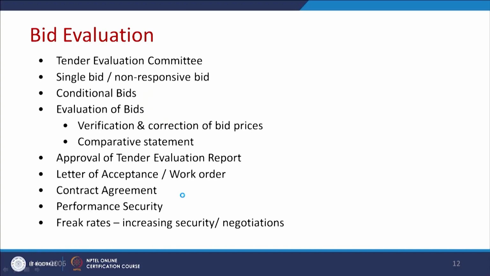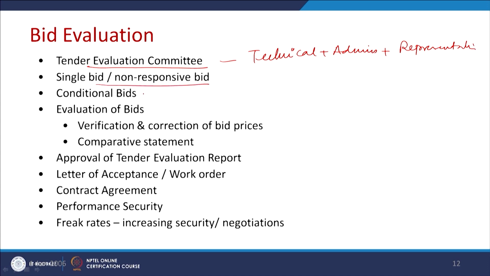So, during the bid evaluation, you have to form a tender evaluation committee consisting of technical and administrative persons, and also a representative of your local body. There could be a single bid, non-responsive bid, or conditional bids.